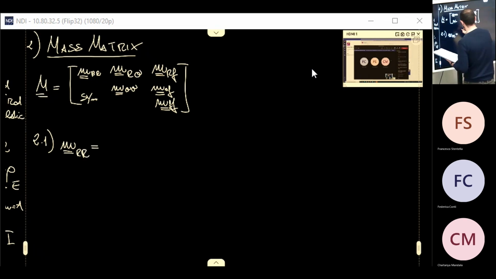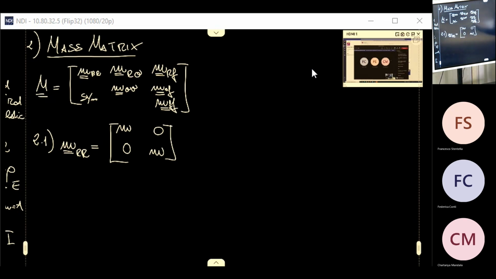I'm not spending too much time on this, because, as you know, in our 2D case it is a diagonal matrix, where M is the total mass of the body, and it's constant.